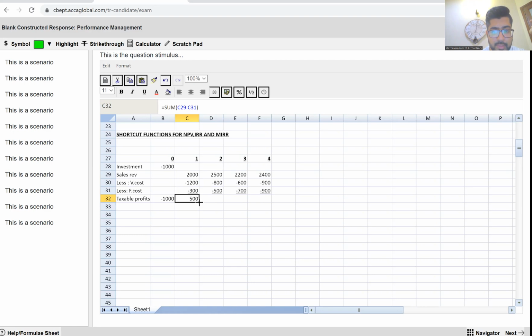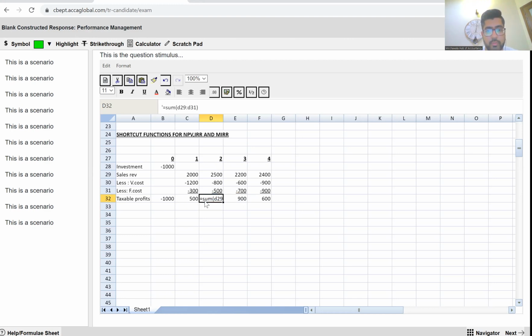What you used to do in Excel is put it here and drag it for the other cells. When you do it on the ACCA official examination platform, this happens, that it continues. You don't need to work this out again, going into each cell with the sum of D29 to D31.